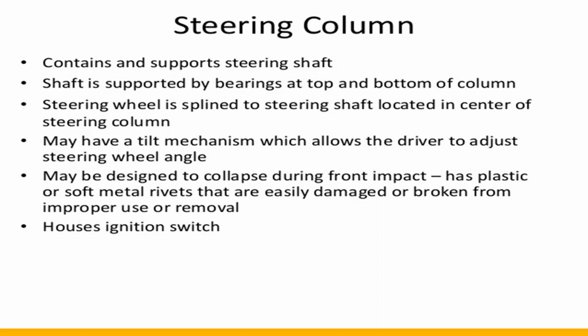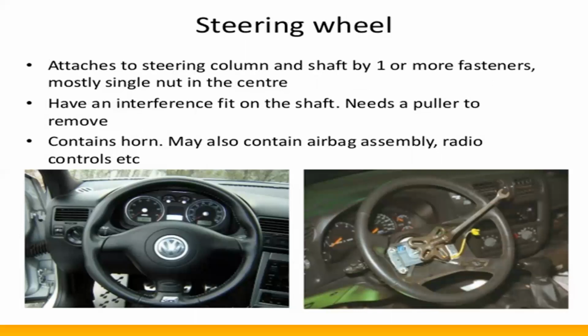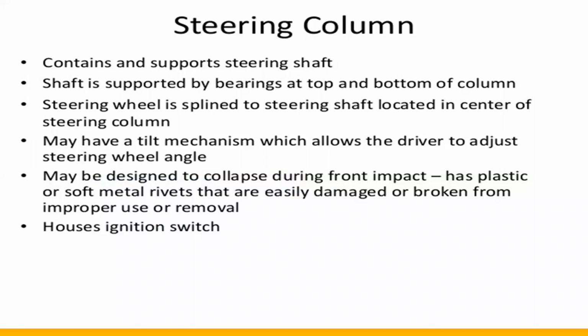The shaft is supported by bearings at the top and bottom of the column. You can see the inner part of the shaft is connected with the column. So in that column, the shaft is connected at the top and bottom of the steering system.